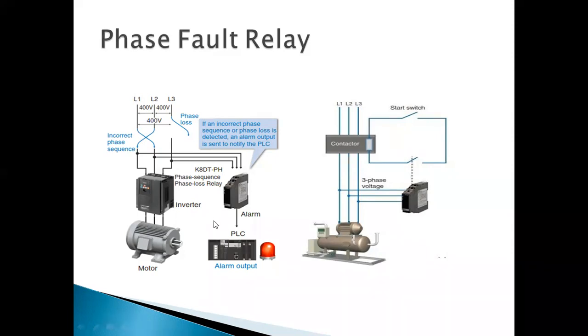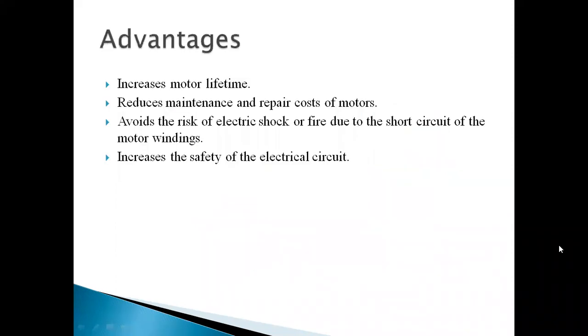When such a type of fault occurs, this relay protects any type of device, transmission line or circuit from such faults. That is the phase fault relay. It gives either an alarm or a signal for tripping the circuit breaker.